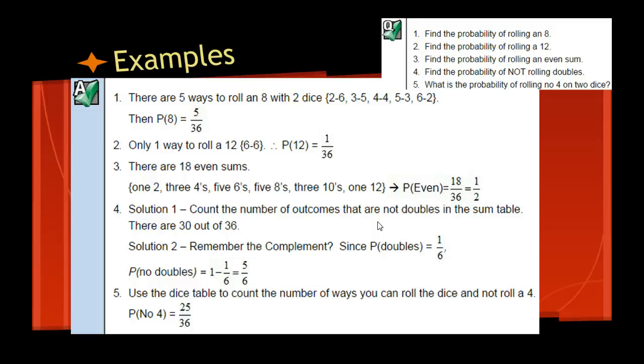Or we can take a look at the complement. We've already established that the probability of rolling two dice the same is 1 in 6. So the probability of not rolling two dice the same is going to be 1 minus 1 over 6, which is 5/6, and that is what 30 out of 36 reduces to.